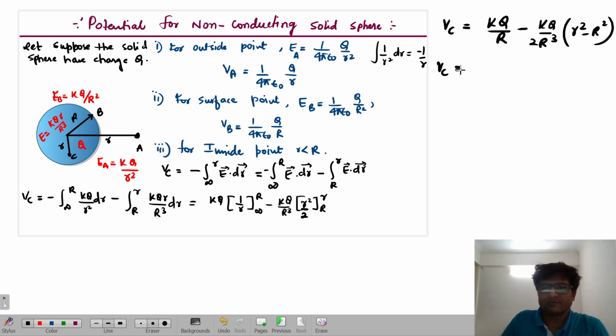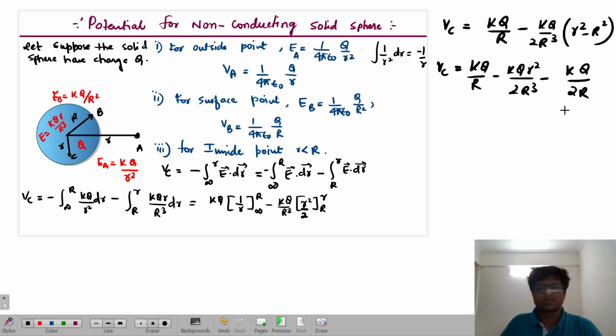So V at C will be KQ by capital R minus KQ small r square by 2R capital Q minus, it will be KQ by twice R, isn't it? If I multiply the whole term, it will be something LCM. This is KQ by half of this. So I'll ultimately get KQ by 2R, isn't it? Are you able to get me?